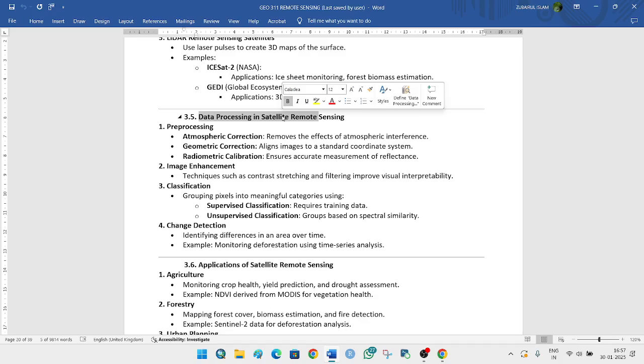And this pre-processing, in the present time, there are many satellite programs like Sentinel and Landsat. They already pre-processed the data and they give you surface reflectance. So when you do the remote sensing analysis, they will give you two types: top of the atmosphere or surface reflectance. So if you are getting the data of surface reflectance, meaning that they have done atmospheric correction, and they have done the geometric corrections also, and if you are using level 1 data, they have done the radiometric calibrations also.